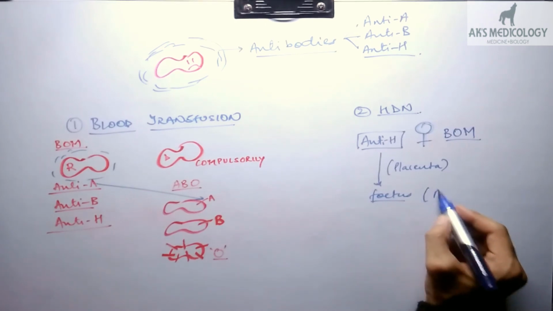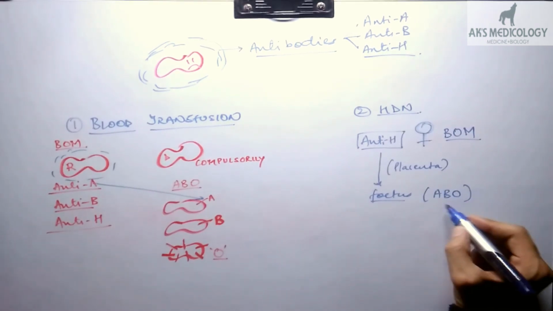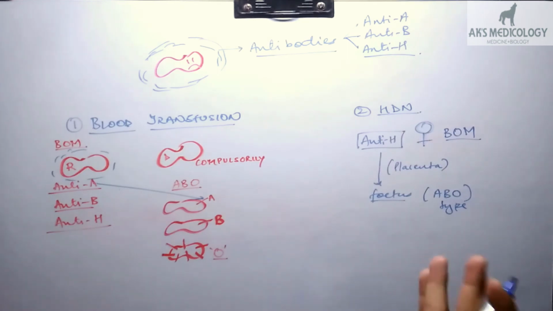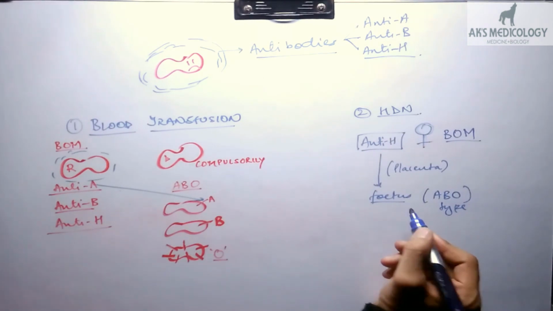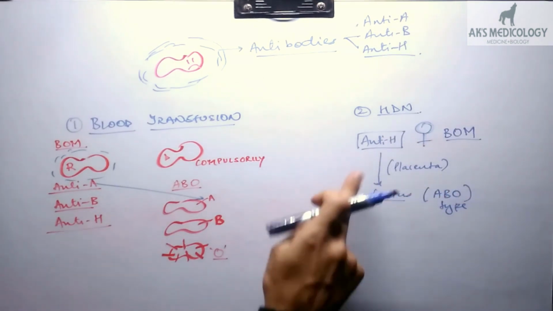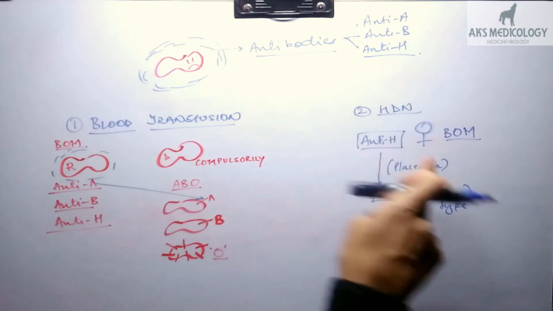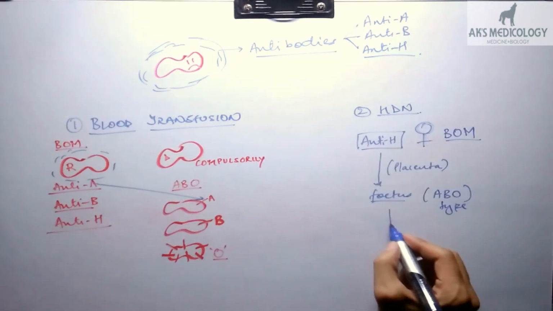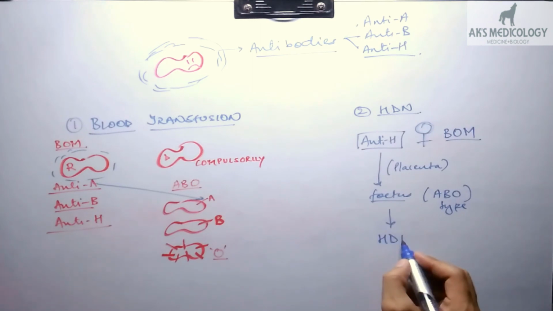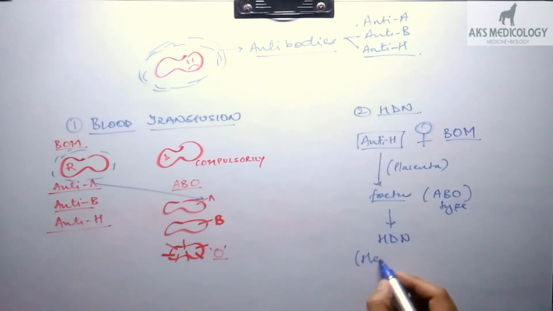Now, by any chance, if the fetus is normal ABO type, having A blood group or B blood group or O blood group, the same reaction of agglutination would occur, and as the number of antibodies which pass the placenta is more, the fatal reaction would result in hemolytic disease of newborn.